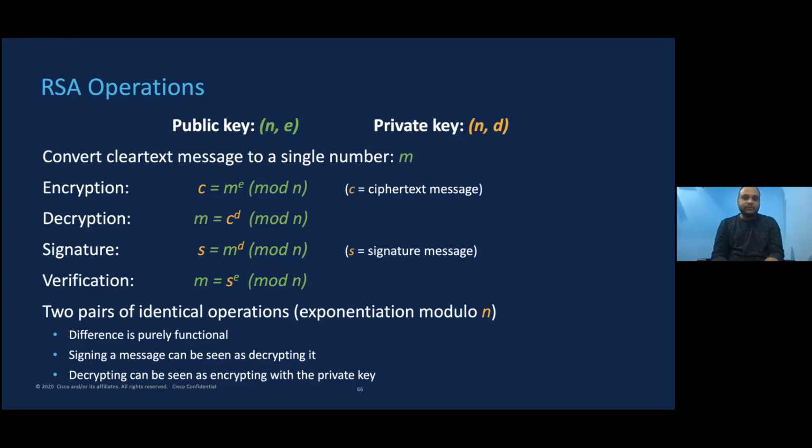Similarly, while decrypting, the receiver takes the ciphered message and raises it to the private exponent modulus n. Signature and verification are the same: when I have to sign the data, I take the message, raise it to the private exponent, and do a modulus n, and while verifying, the receiver raises the signature to the public exponent and does a modulus n.